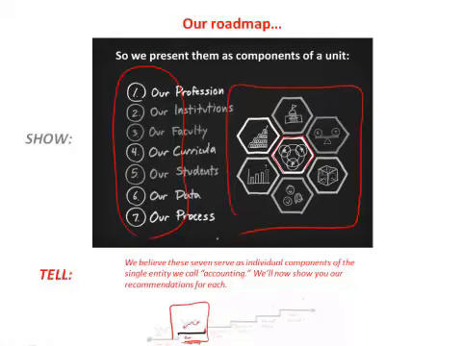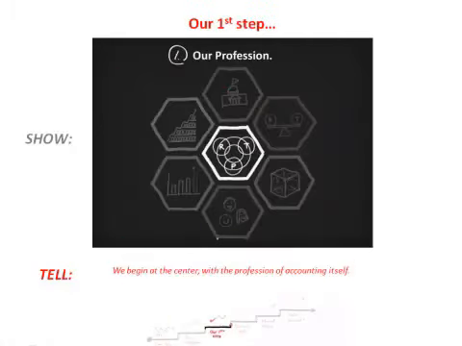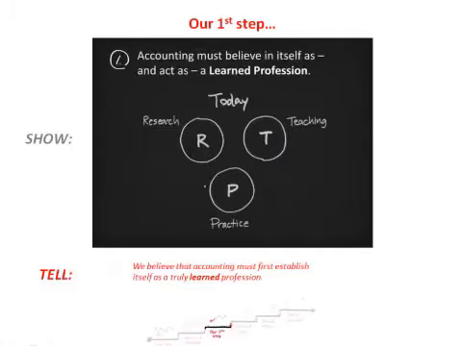All right, you're with me so far on where we're going with this? Our first step, now we're starting down the path of taking our steps. Our first step is we're going to look at the center of that model, our profession. And in particular, we're going to say in the first step that accounting must believe in itself and act as a truly learned profession.